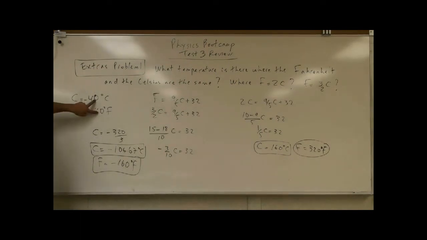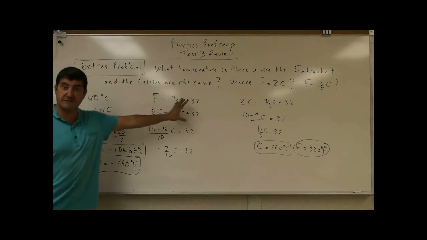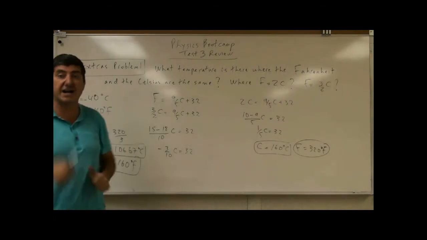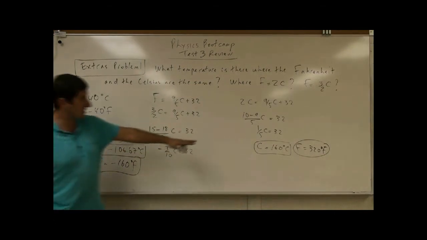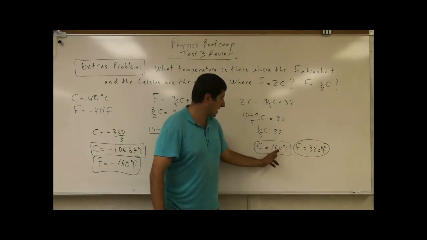When they're negative 40, they're equal to each other. Colder than negative 40, the Fahrenheit is a lower reading, negative 160, than the Celsius. Greater than negative 40, the Fahrenheit reading is higher than the Celsius.